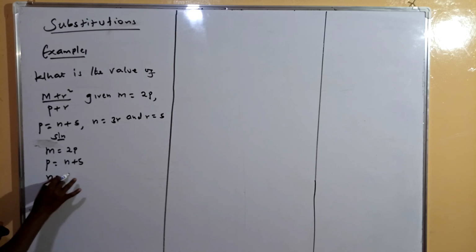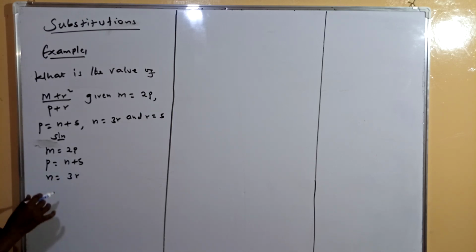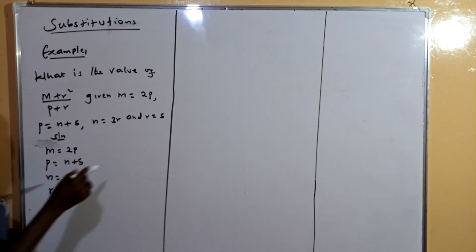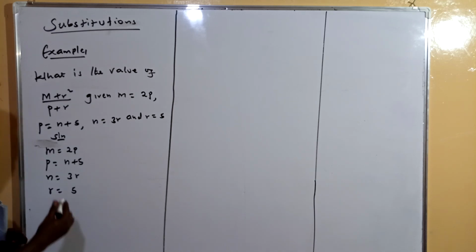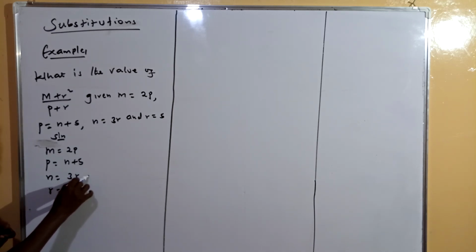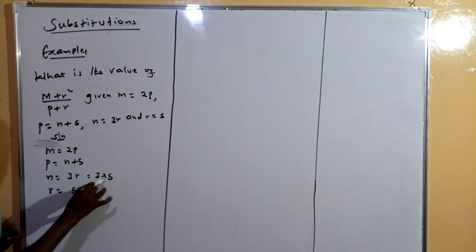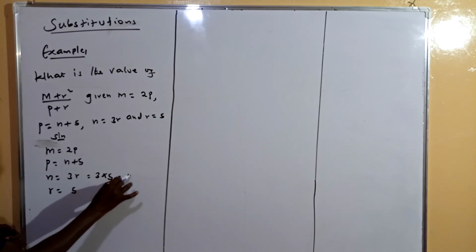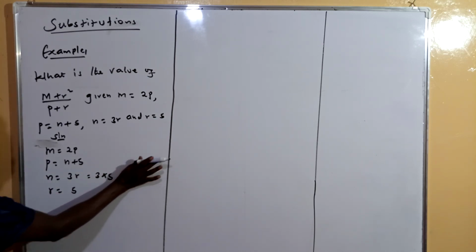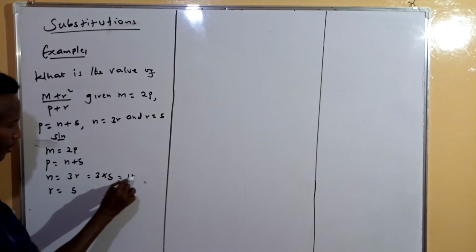Then n is equal to 3r. But the good news with this question is the r value is given, which is 5. So n will be 3r, meaning 3 times 5, because r is 5. It will give us 15. So this is the value we are going to take for n.